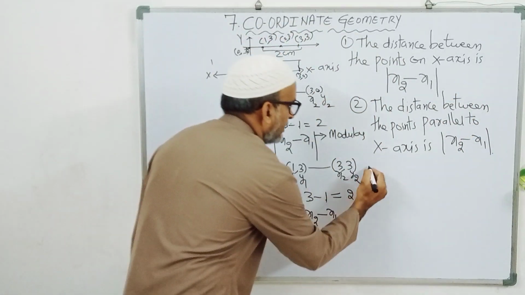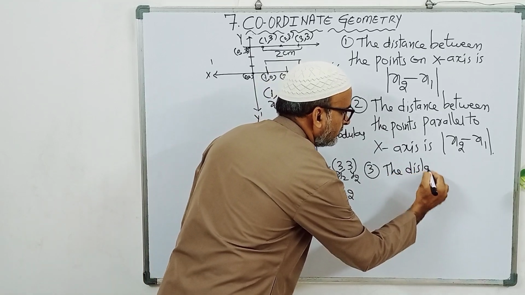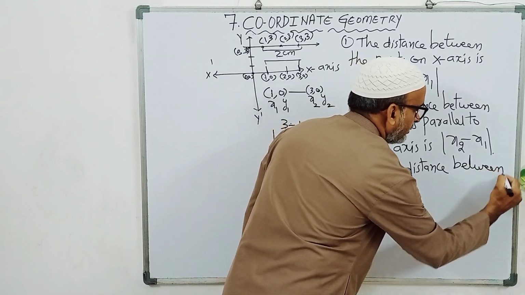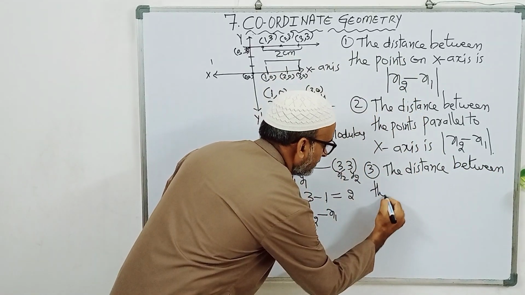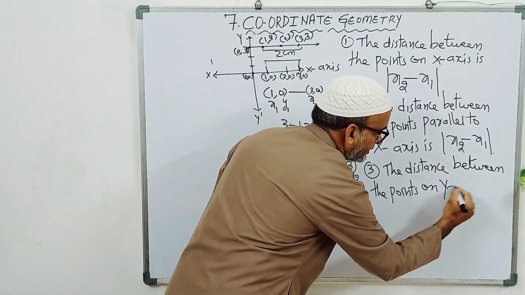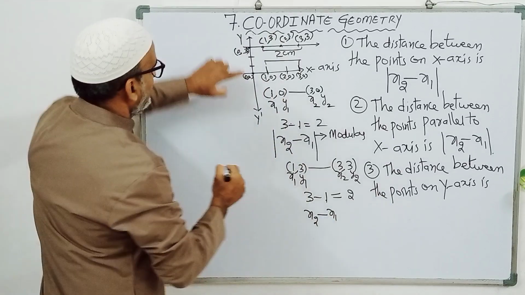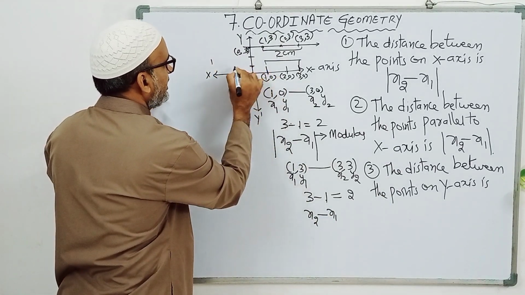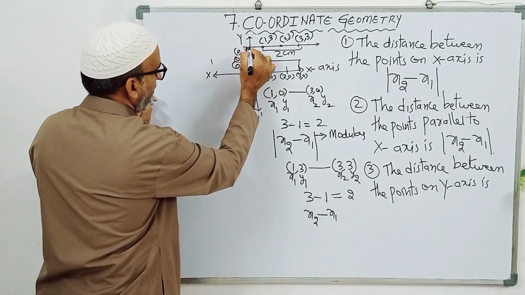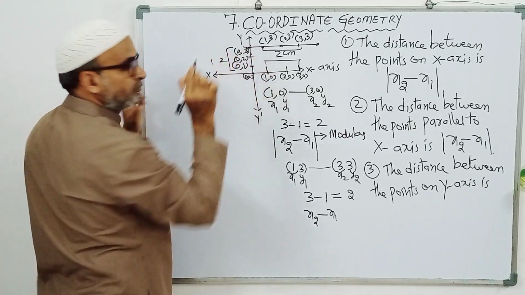Okay. Next, third point. The distance between the points on y-axis is, now I am taking the y-axis. See here. What are the points here? 0 comma 1, 0 comma 2, 0 comma 3. From here to here, what is the distance? 1, 2.